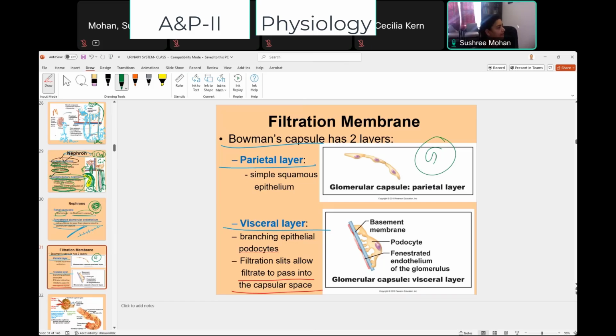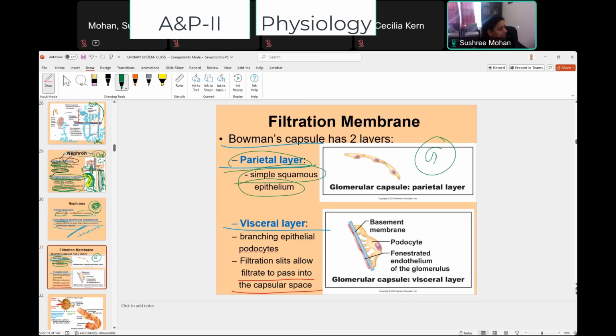The outside layer is called the parietal layer. You are acquainted with parietal and visceral because we did the respiratory system. The parietal layer is made of simple squamous epithelium, just a simple flat layer of epithelium. But the visceral one has specific cells called podocytes that have legs called pedicels.